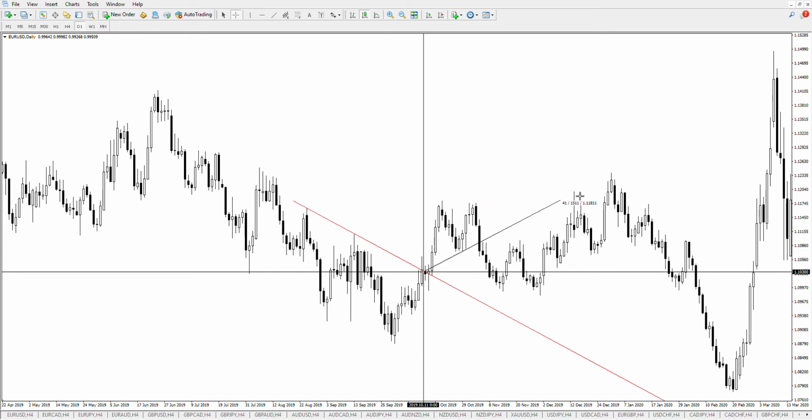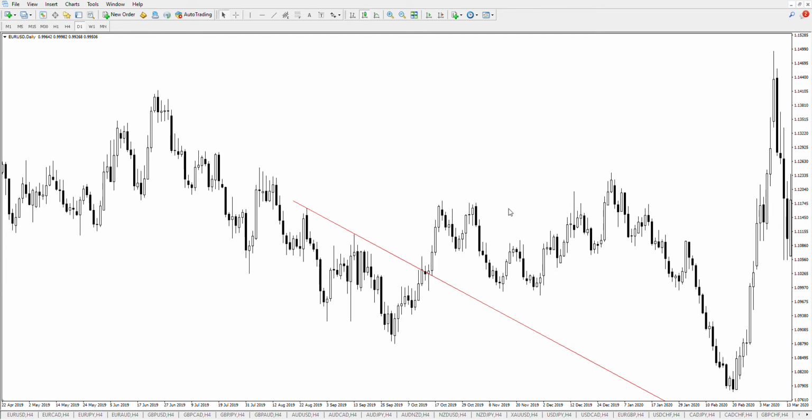Well, it reached 200 pips eventually, but pulled back. So that's how it works. Here you had the rejection. You see, this is not a good sign when you have this rejection at the trend line. You would need to have a clear breakout candle. That is a good sign.